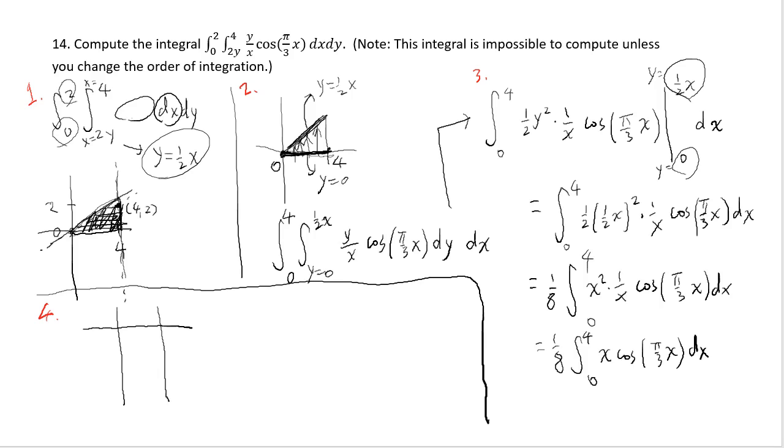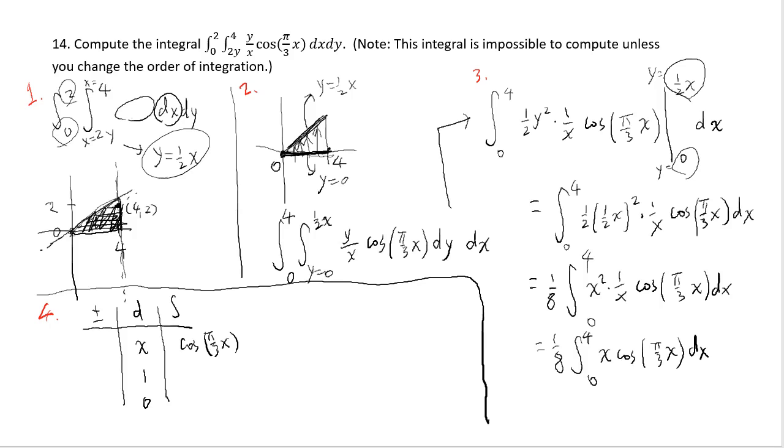Okay, so the tabular integration is plus minus, d, integral, and you put x here and cosine pi over 3x here, and then for this column, it means you keep differentiating. x differentiates to 1, 1 differentiates to 0.